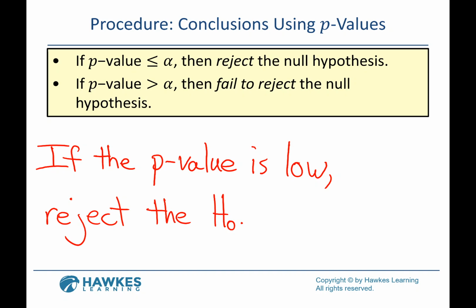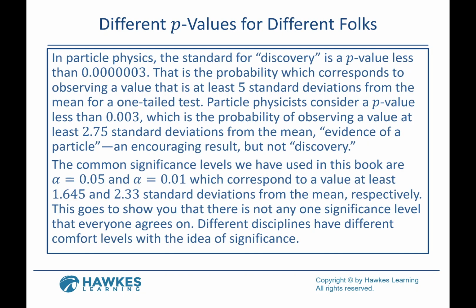Here's one little thing that I left in because I thought was interesting, talking about how we use different significance levels for different fields of study. So if you're working in particle physics, their standard p-value level for calling something a discovery is 0.000003.